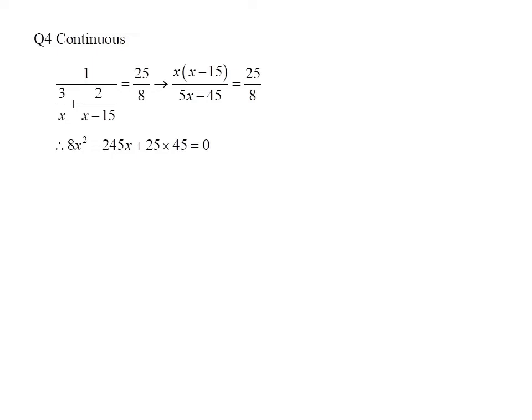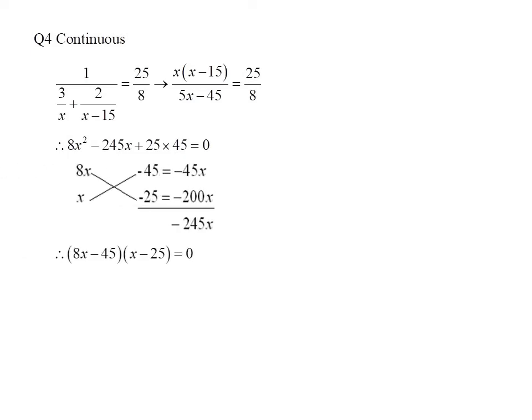Please note, we leave the constant term as 25 times 45 purposely because it is easy to break them into different factor pairs to test. Here we just show the combination of the correct factor pairs that match the linear term.